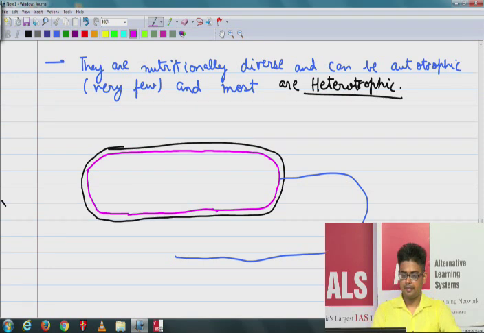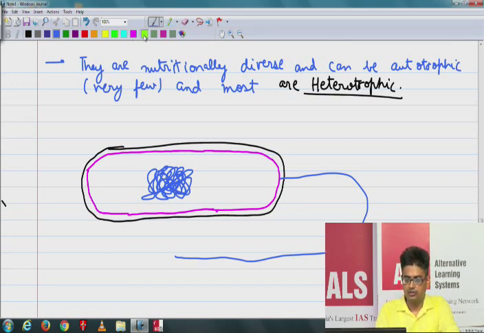Okay. Now there is the genetic material or the nucleoid. I was thinking of giving this diagram to you as homework, but then I thought that I must explain it to you right now, otherwise you will have a lot of confusion. Now there is another thing here. You will draw some dot-like structures. These are the ribosomes.